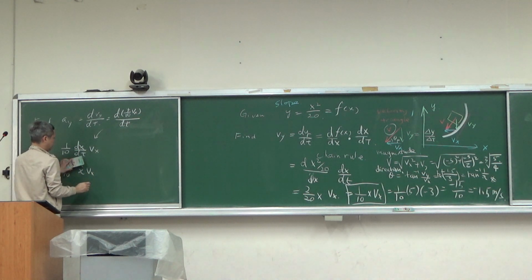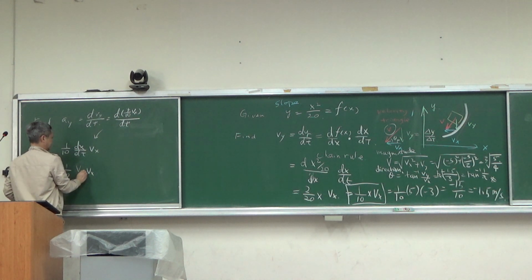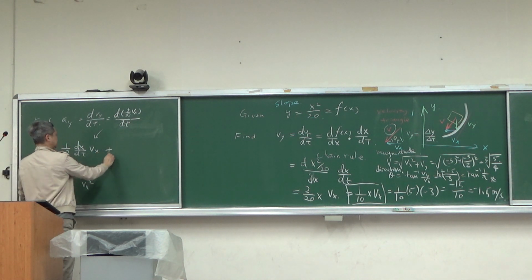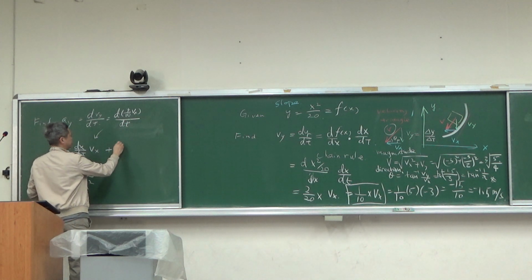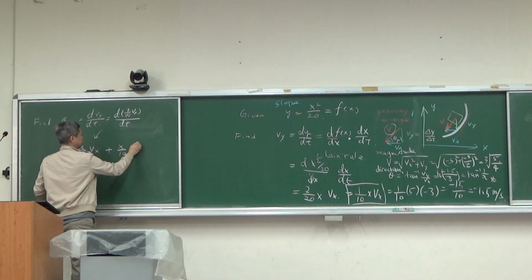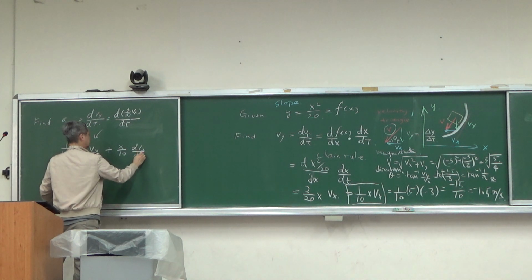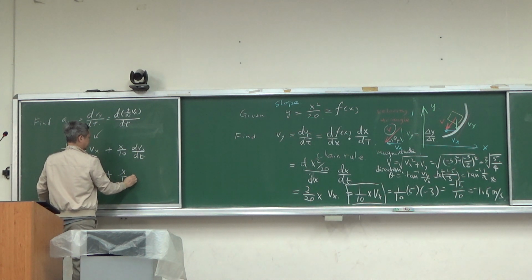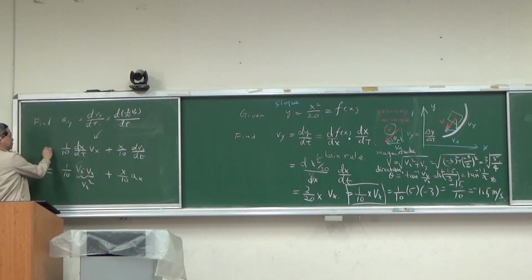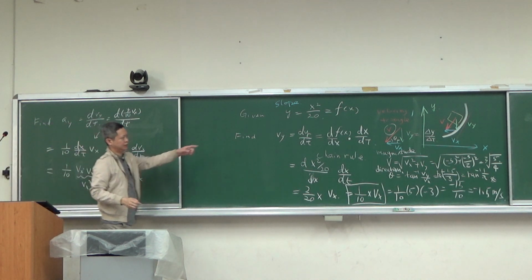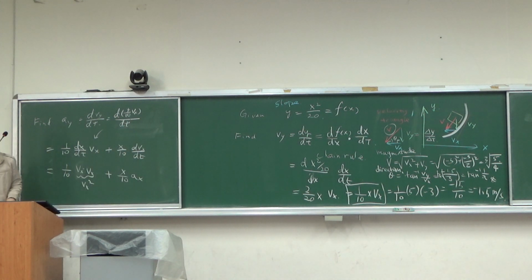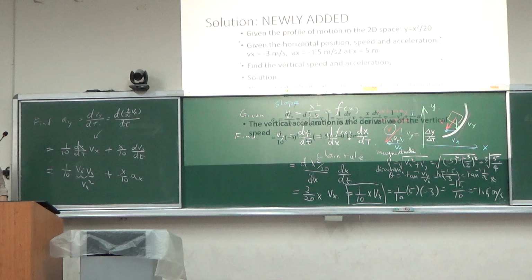What is x dot? X dot is your vx. So this term is your vx squared. And then next, the second part, differentiate by parts. You have x over 10 and then dvx/dt. In this case, the second term is x over 10 and ax. With this, when you do the number substitutions, you are going to obtain the acceleration.